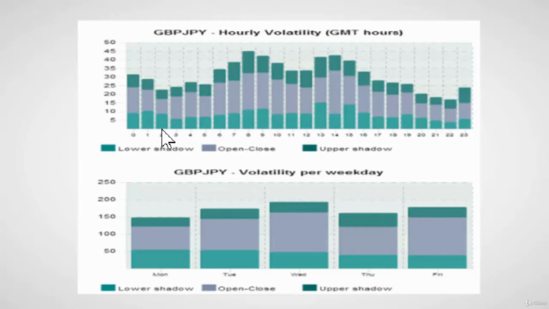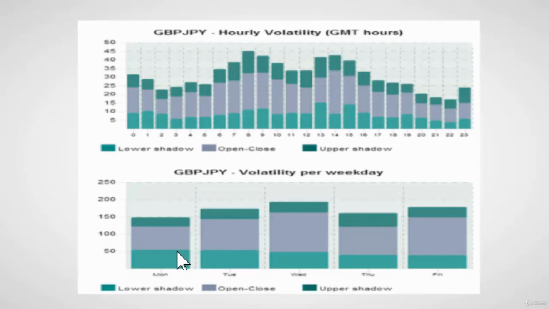So this shows you how the volatility changes over a 24-hour cycle. And if you can remember back, the settings that we selected were just prior to the European opening and then just after the US opening. We have come up with the high volatility part of the market for the pound yen. So that confirms that the settings that we have found in our testing align with what is happening practically in the market.